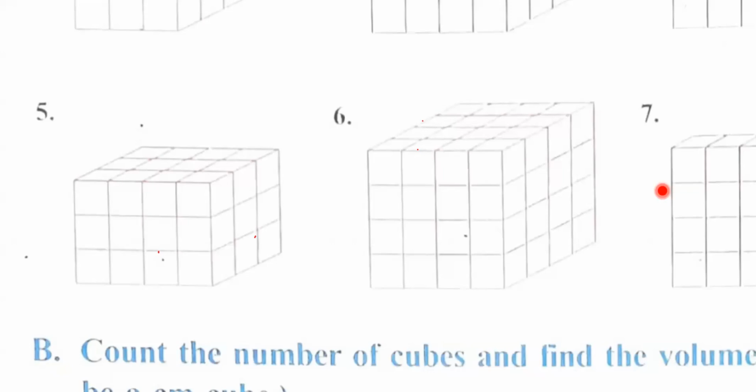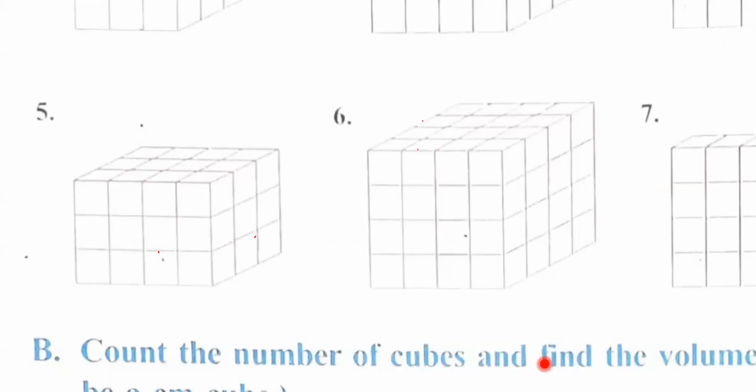Ma'am, exercise 9.6. In exercise 9.6, what are we doing? And what are we finding, beta? Which type of questions are we doing? Ma'am, cubes. We are finding the cubes.